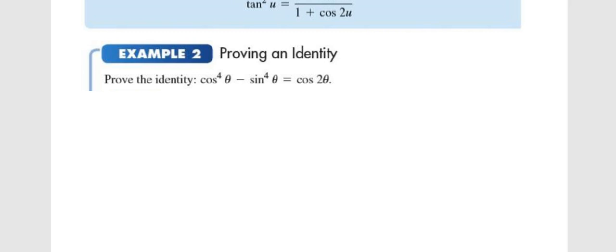Or do you think this is the difference of perfect squares? Could we treat it as a difference of perfect squares and factor it? What can we break this up into?